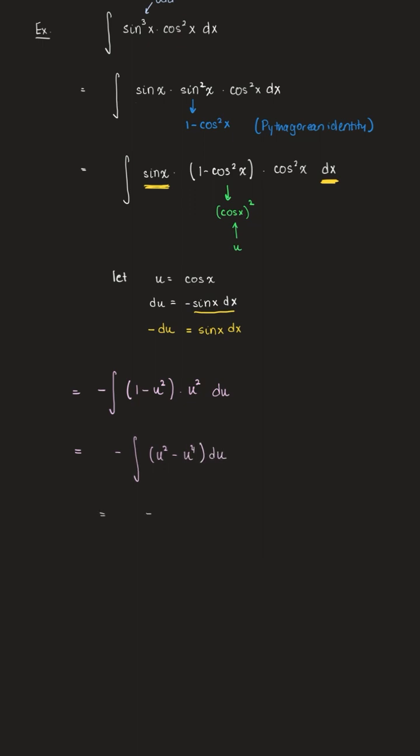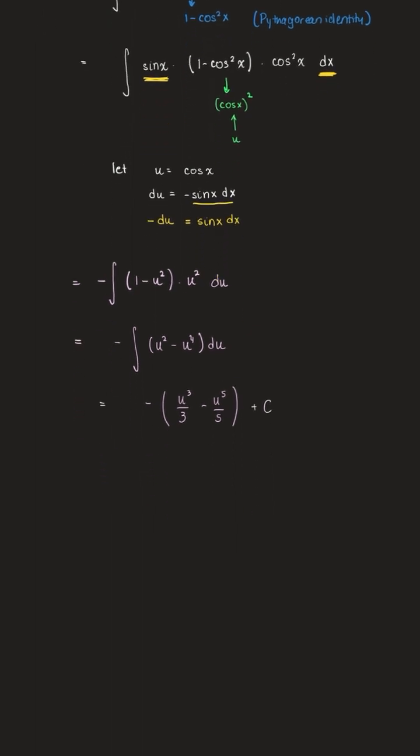And so we'll have a negative. Using the power rule, this is going to be u to the 3rd over 3 minus u to the 5th over 5. This is an indefinite integral, so we know we have a plus c. I'm going to distribute the negative, and then finally we're going to rewrite our solution in terms of x, which was the original variable that we started with.